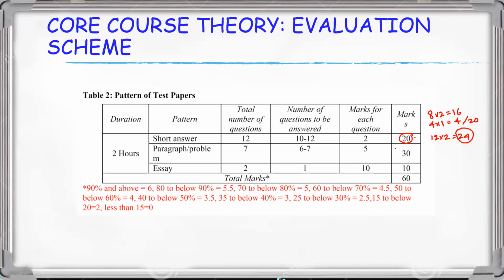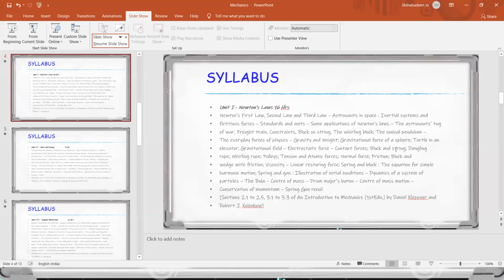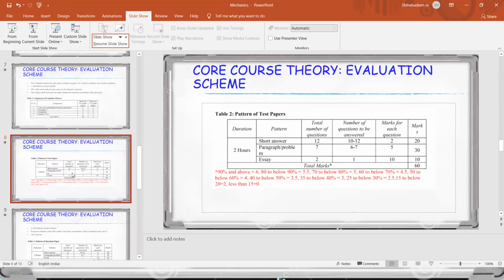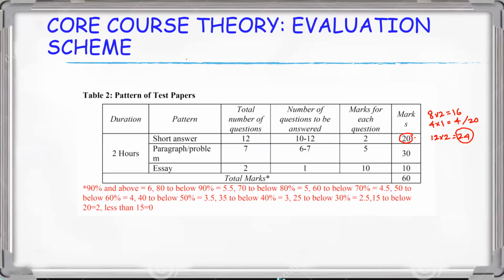And in section B, there are 7 questions, each having 5 marks.